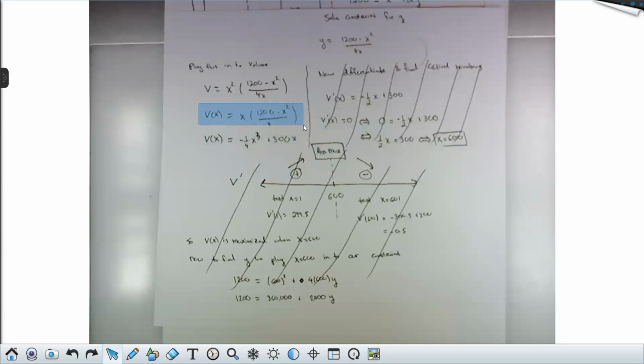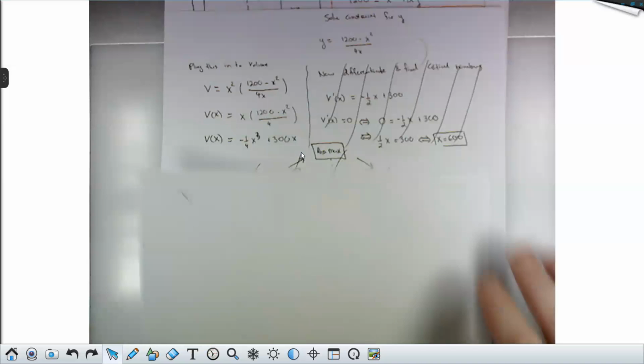When I simplified this, I wrote -1/4 x squared plus 300x. The issue is when you distribute this x, you're going to get 1200x minus x cubed, not x squared. So that was the mistake here. So this should be 1200x minus x cubed all over 4. That's -1/4 x cubed plus 300x.